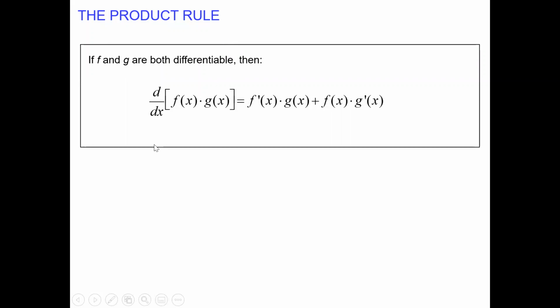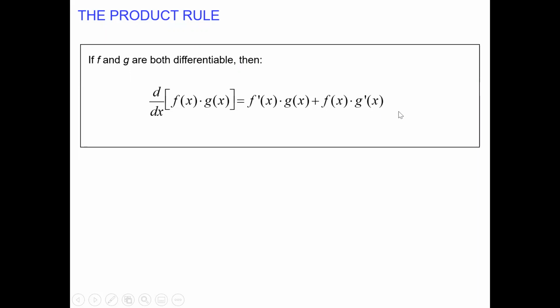The derivative of f of x times g of x with respect to x, and we will follow this. I switched this order because it will be helpful for the next rule, the quotient rule. I started with f prime: we differentiate the first function times the second without changes, plus the original function f of x times the derivative of the second function.